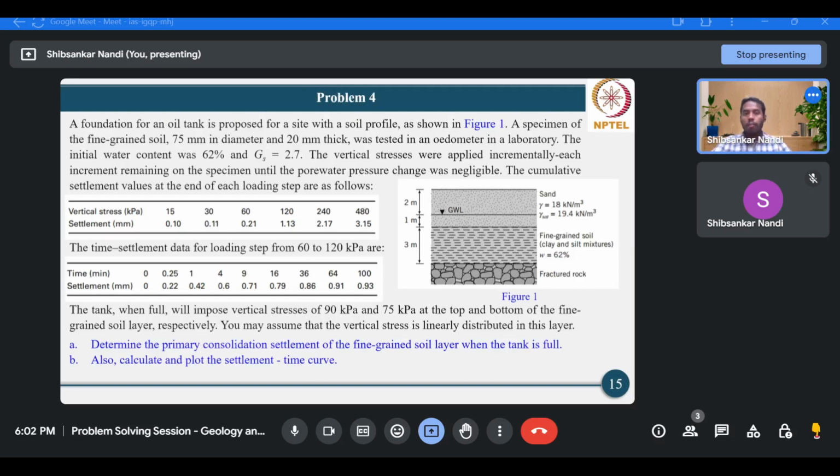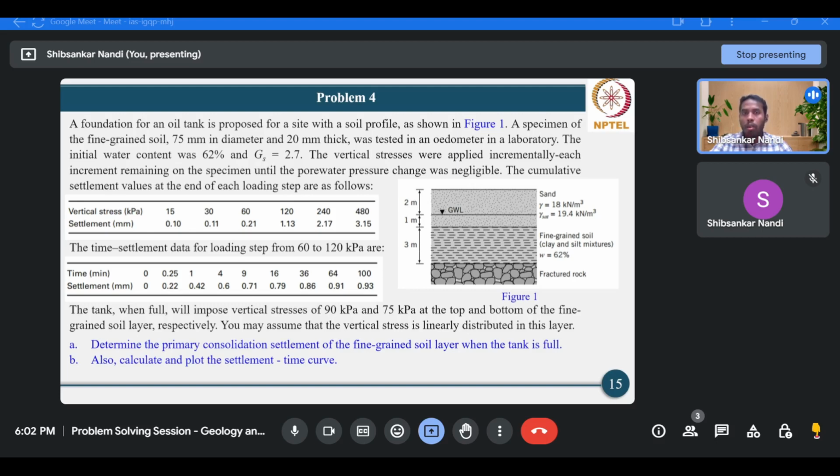This is a problem that will cover all the topics which we have learned from the previous week as well as from this week. It will cover first the calculation of primary consolidation settlement from the very beginning.